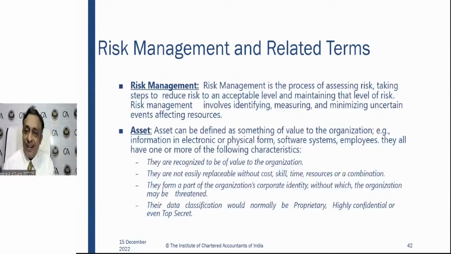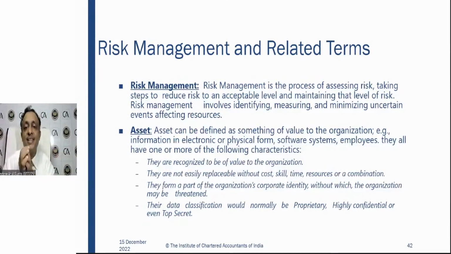Now, let me read again. Risk management is the process of assessing risk, taking steps to reduce the risk to an acceptable level, and maintaining that level of risk. Risk management involves identifying risk, measuring risk, and minimizing the uncertain events affecting the resources that may be subject to risk. That's an asset.